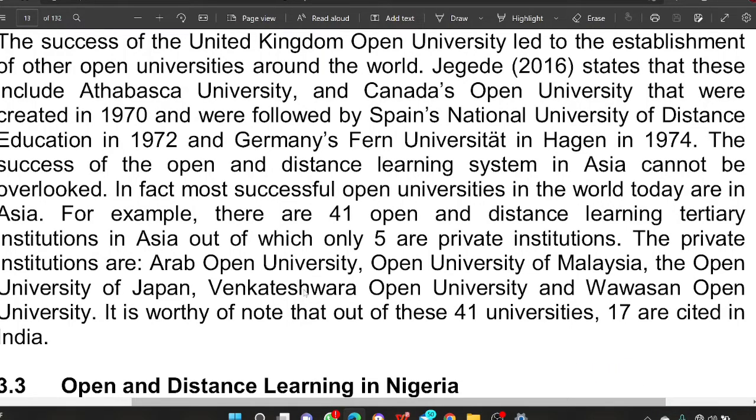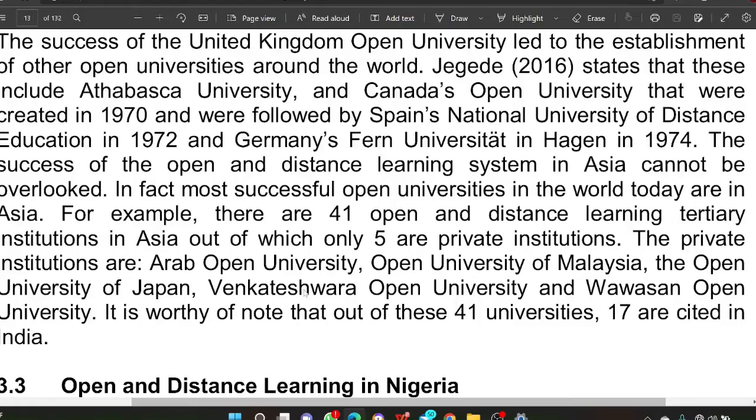Jegede 2016 states that these include Athabasca University and Canada's Open University that were created in 1970 and were followed by Spain's National University of Distance Education in 1972 and Germany's Fernuniversität in Hagen, spelled H-a-g-e-n, in 1974.